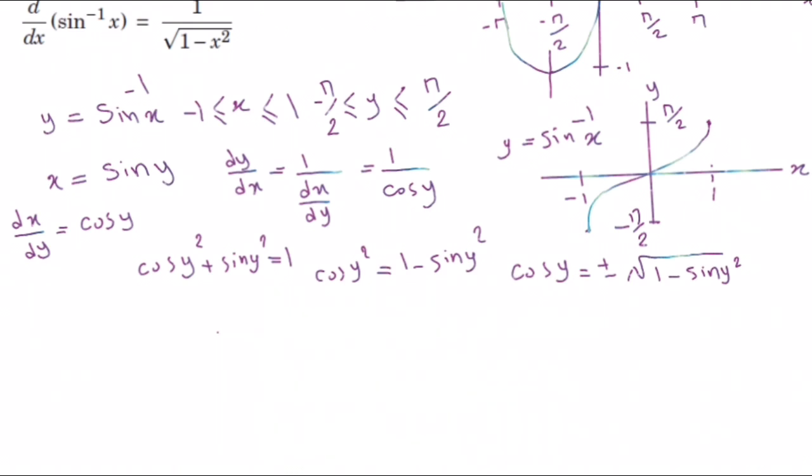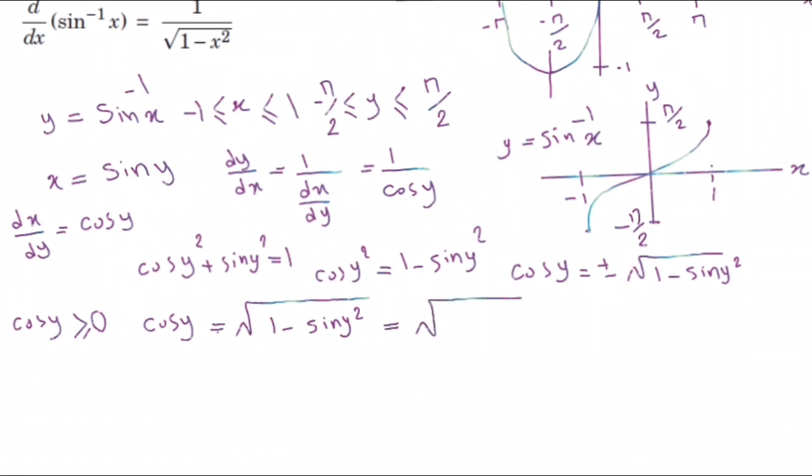And we know that when y is between negative pi over 2 and pi over 2, cosine y is positive, so cosine y is greater than or equal to 0. So cosine y equals the square root of 1 minus sine y squared, which equals the square root of 1 minus x squared, since sine y equals x.